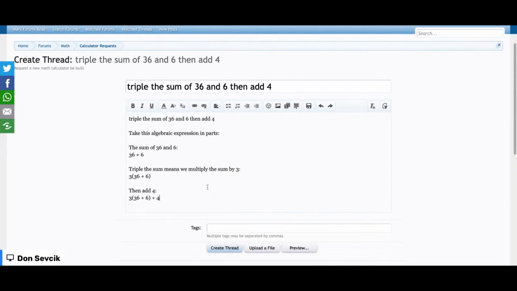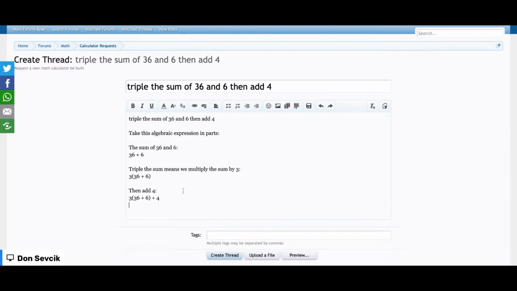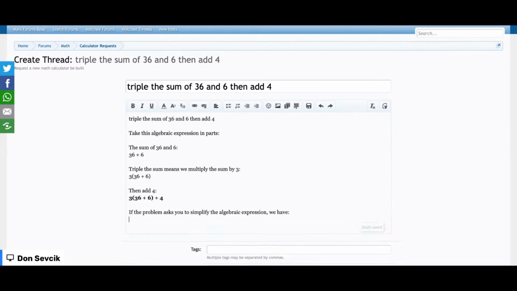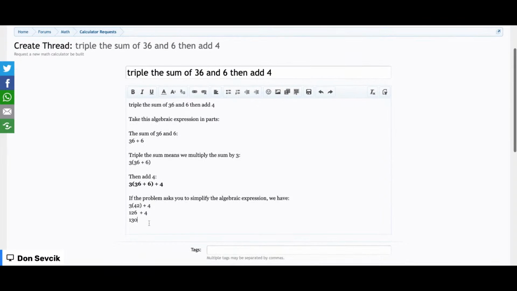Then add 4. Okay, so we've got this part of the expression. Now, if you want to simplify this, if the problem asks you, I'm going to bold this because this is technically the algebraic expression. To simplify the expression, we have 3 times 42 plus 4, because 36 plus 6 is 42. 3 times 42 is 126 plus 4, and then we have 130.